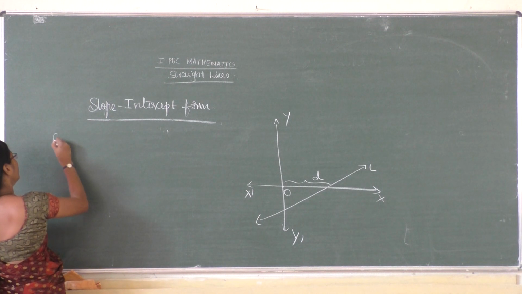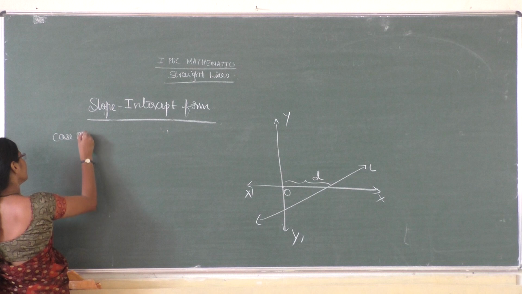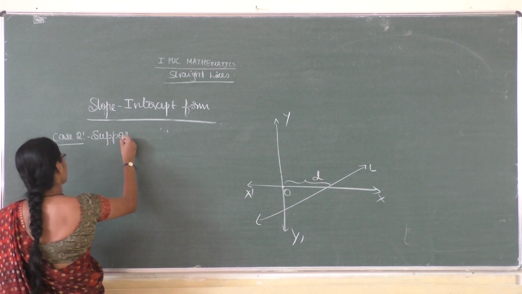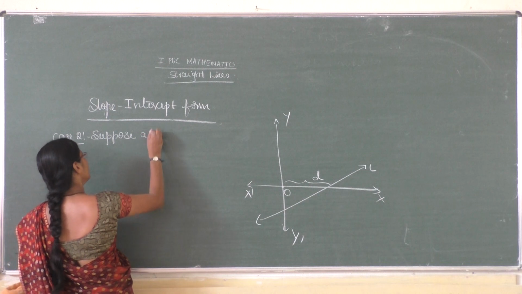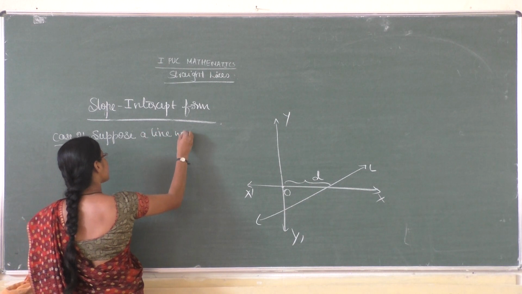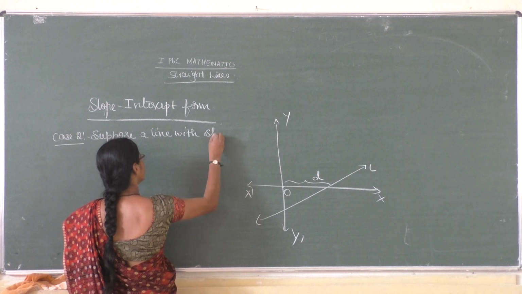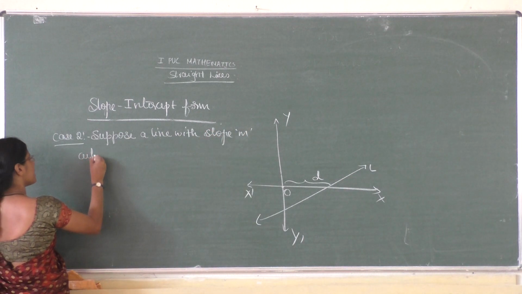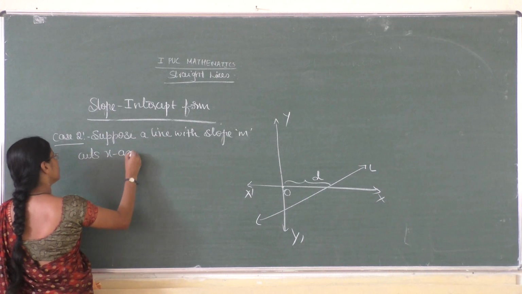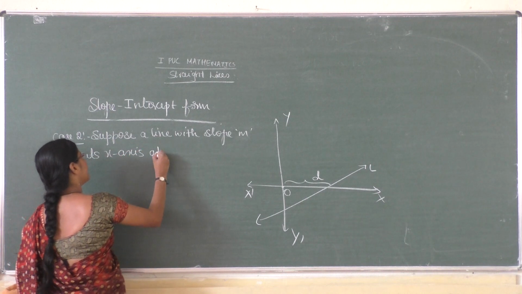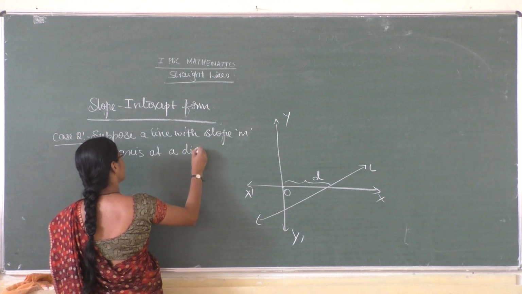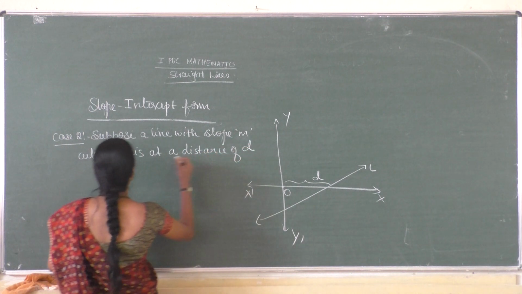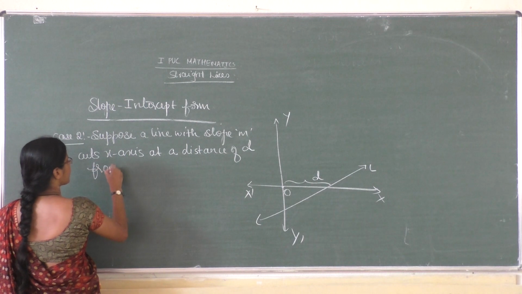Suppose case 2, a line with the slope m cuts the x-axis at a distance of d from the origin.